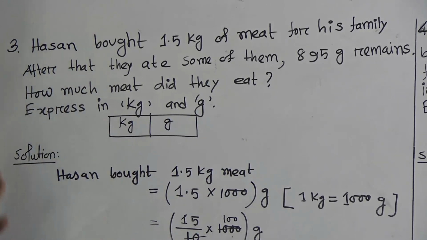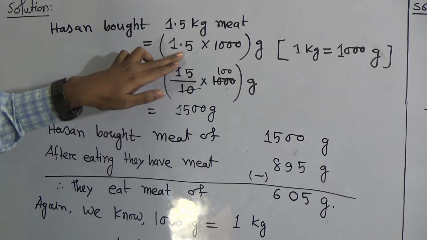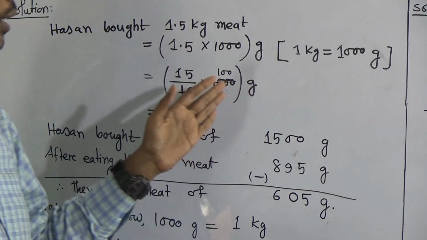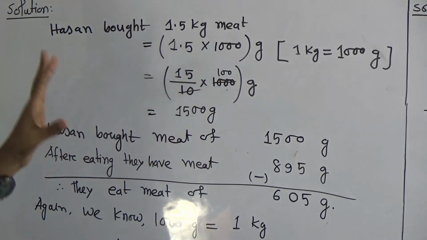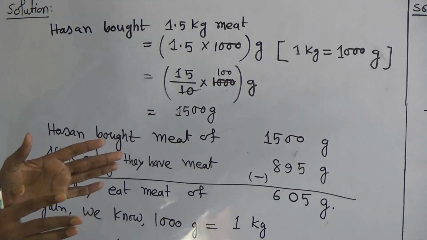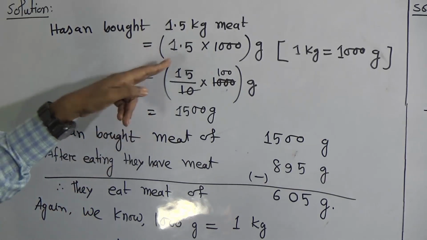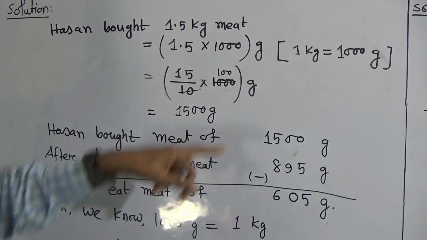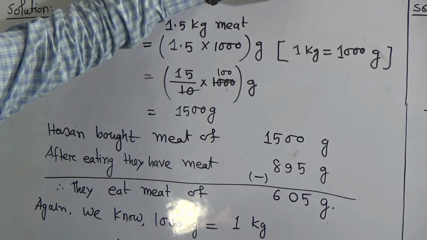Then I have solved like this way. Hassan bought 1.5 kg of meat. That means we have to convert kilogram to gram. Okay. Why? Because I want to subtract 895 gram from 1.5 kg, that means 1500 gram.